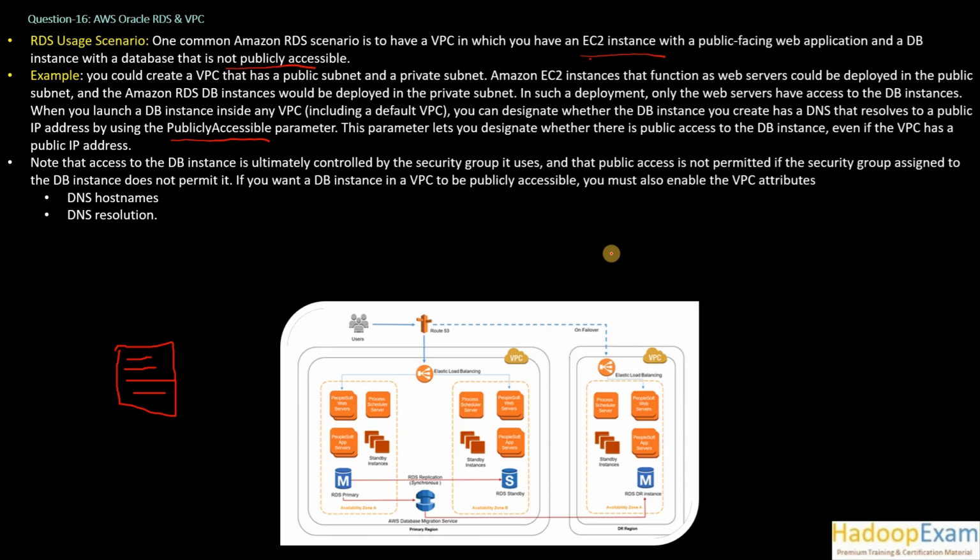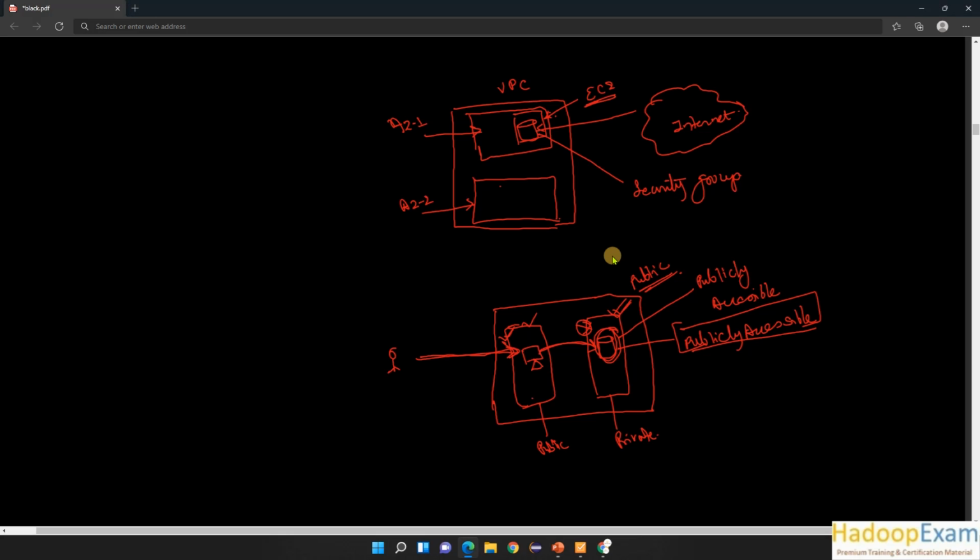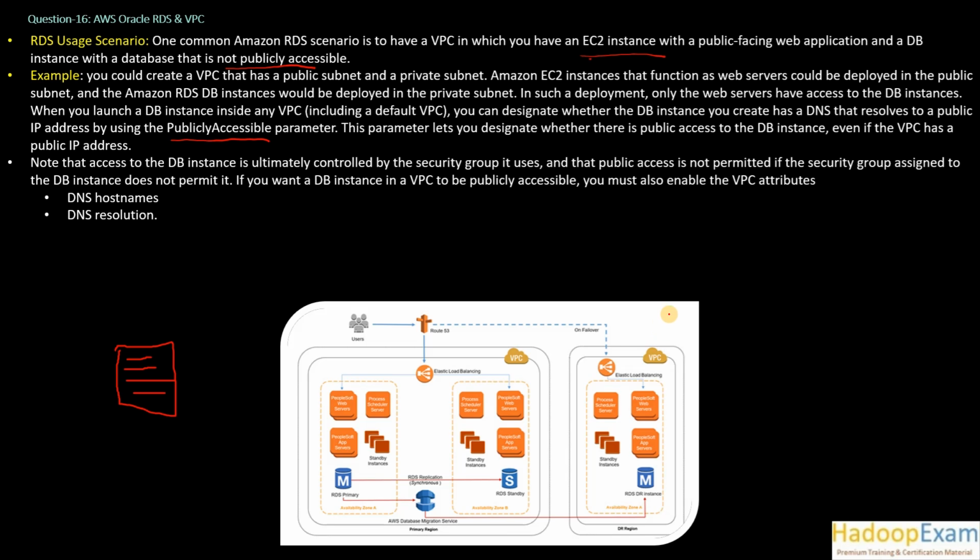Note that access to the DB instance is ultimately controlled by the security group, because this is installed on an EC2 instance, so it has to be controlled by a security group. Public access is not permitted if the security group assigned to the DB instance does not permit it.